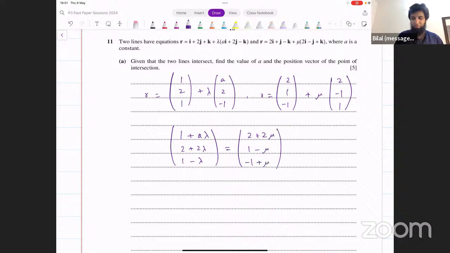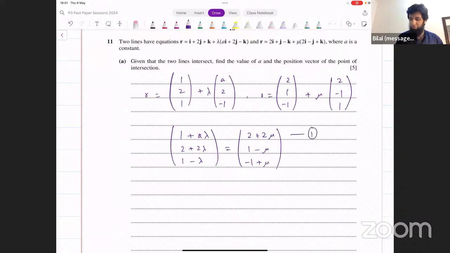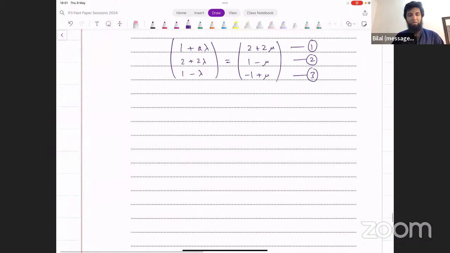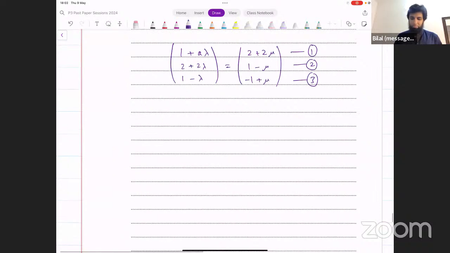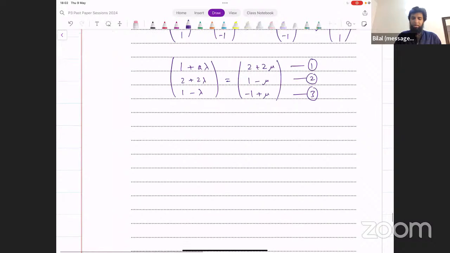You get 3 equations from that. This is equation number 1, equation number 2, equation number 3. Solve any 2 of them simultaneously. You would get the values of lambda and mu from them in terms of a only, in fact. There's only one unknown there.